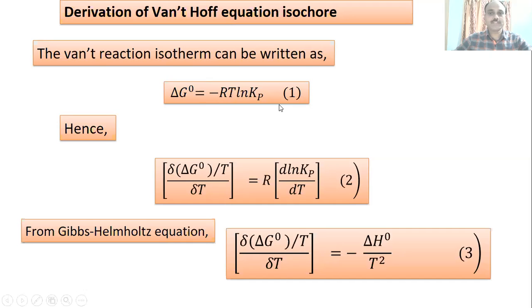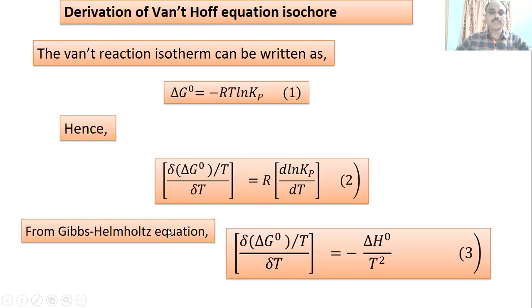Let this be equation 1. Hence, this equation can also be written as dou of delta G naught by T over dou T is equal to R into d ln Kp by dT. Let this be equation 2.